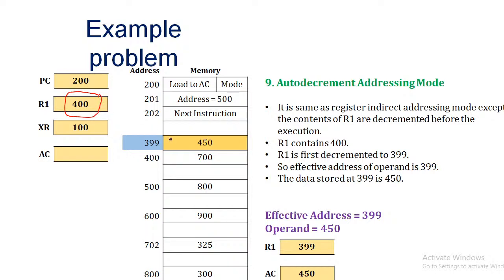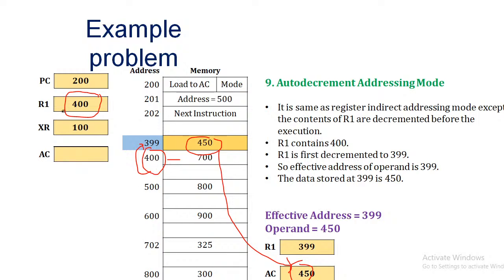The content at 400 is 700, but you see that this is not what comes to the accumulator. Initially the register is decremented first, and then whatever value is at the new address comes to the accumulator. So in case of autoincrement, you fetch the value and then increment the register, and for autodecrement, you first decrement the content of the register, then use whatever address it points to.